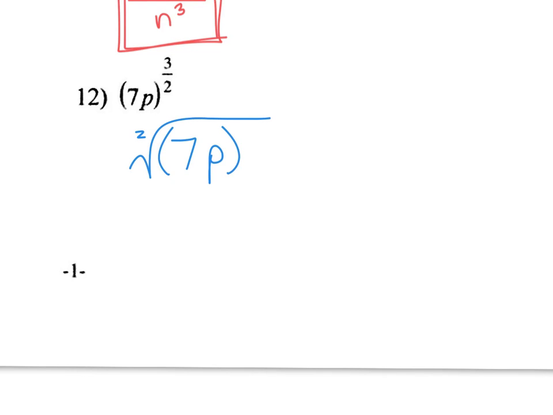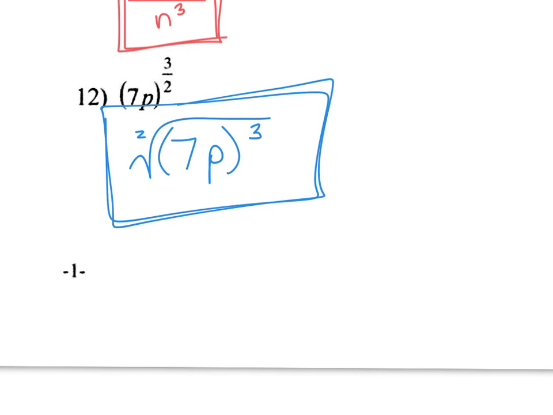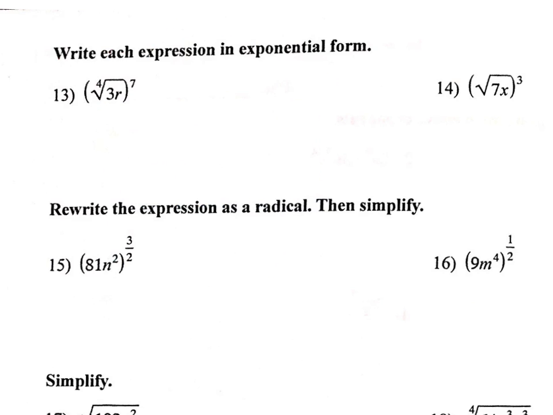Since it's in parentheses, keep them there, to the 3rd power. Again, if you simplify, that's the final answer we need on this one. It'll be very obvious tomorrow. These will be multiple choice, so you should be able to select and know when to keep going. If you did simplify this, you should have 7p times the square root of 7p. That's the same thing, just so you can check your work.